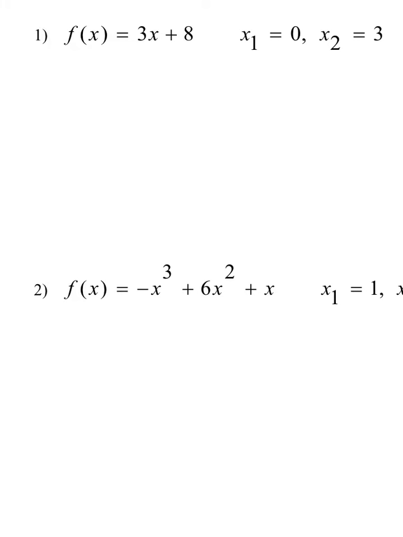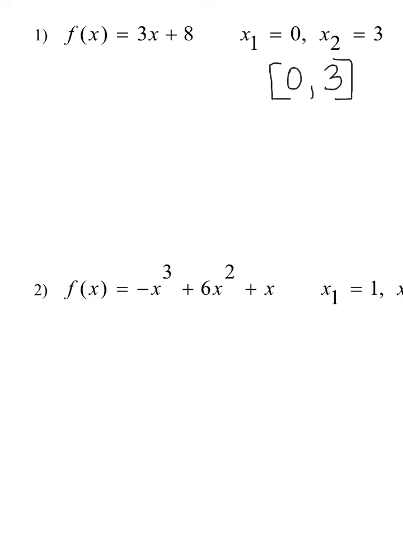Sometimes you'll see this written with a bracket, then the first value for x, a comma, the second value for x, and a closed bracket. This is called an interval.